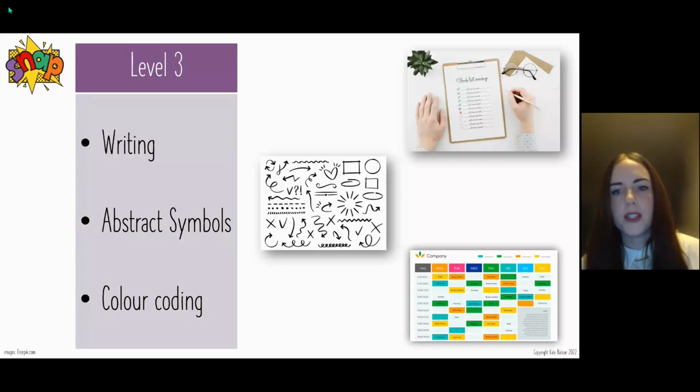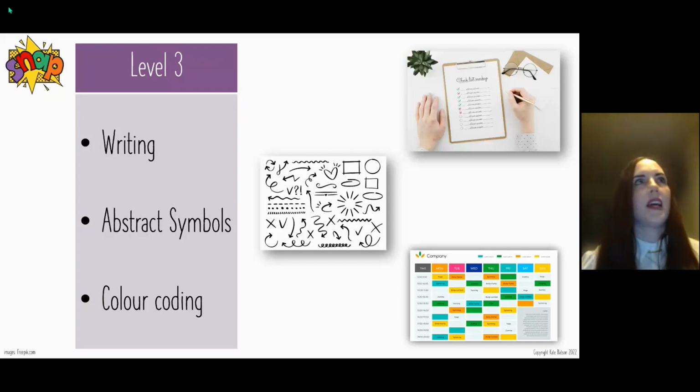Then there are things like colour coding. We do a Moving to Secondary School course each year, and colour coding comes into that as part of our organisational skills. Colour coding can be really helpful for children and young people when you've got different elements that you want to create some connection between. So it might be a timetable and a map, for example.